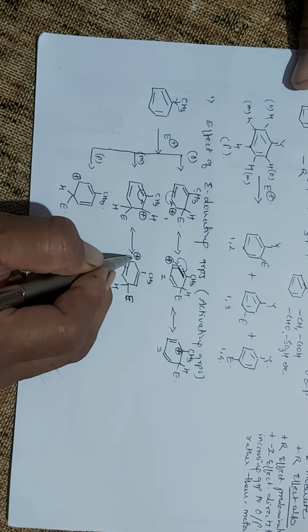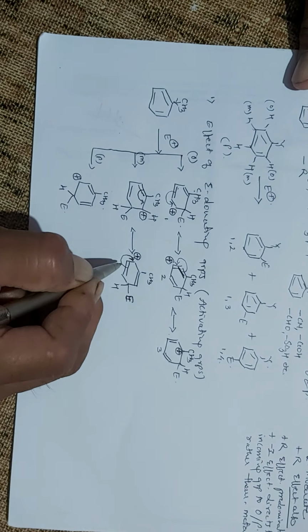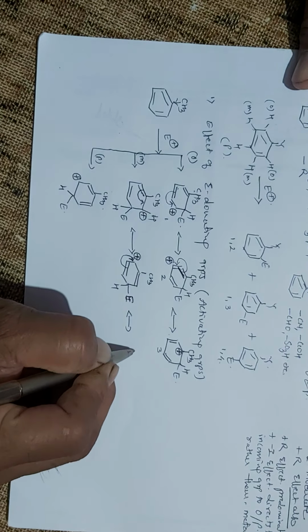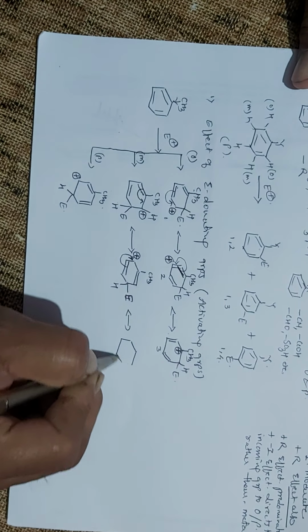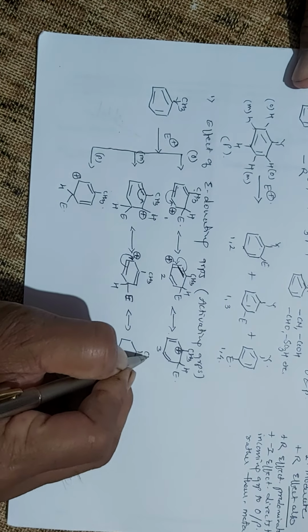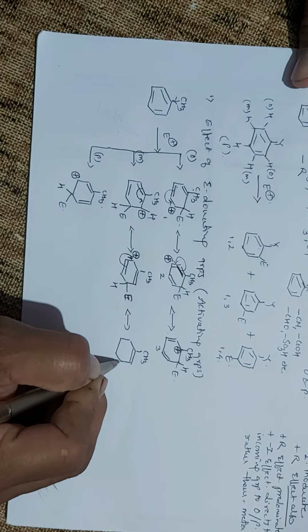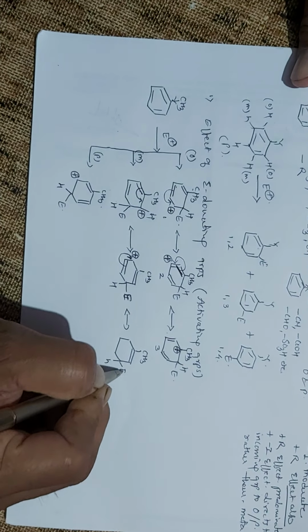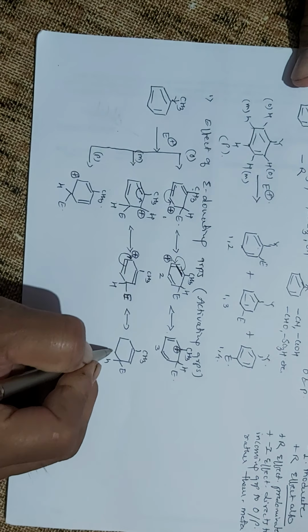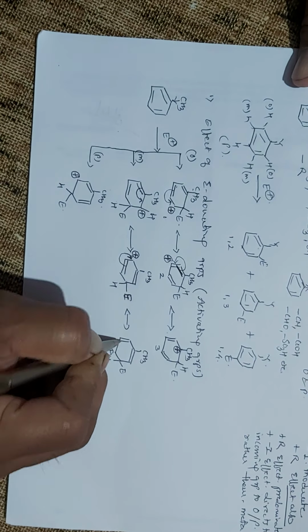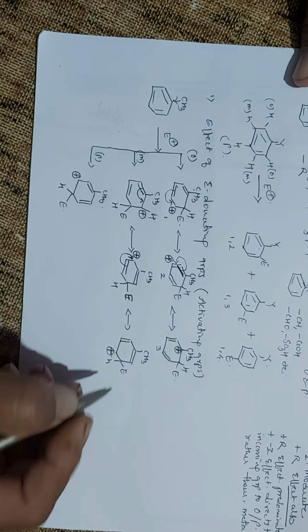Now this pi bond will give the electron pair to this carbocation and give you another resonance stabilization, that is CH3, here H, E, and the positive charge comes at this position.